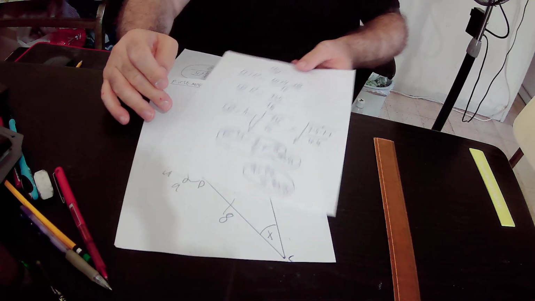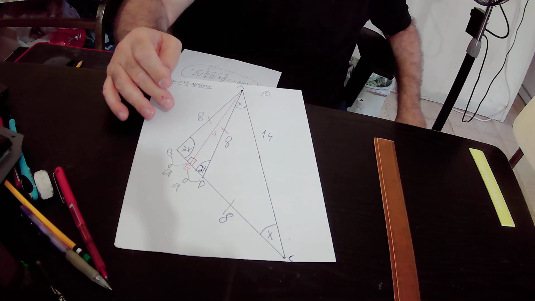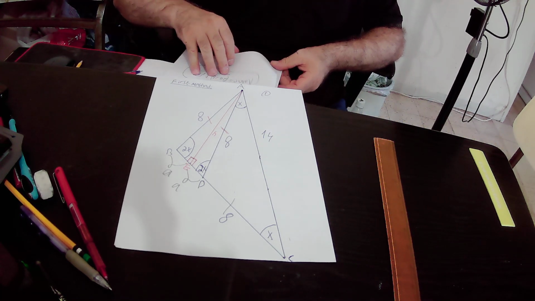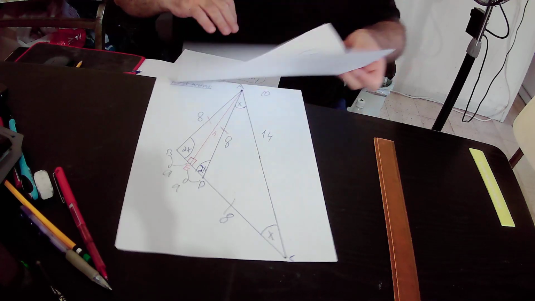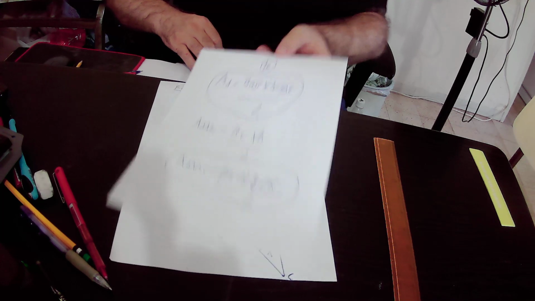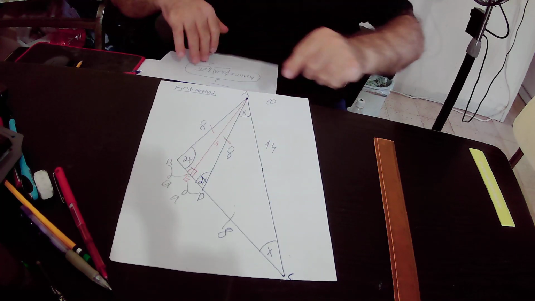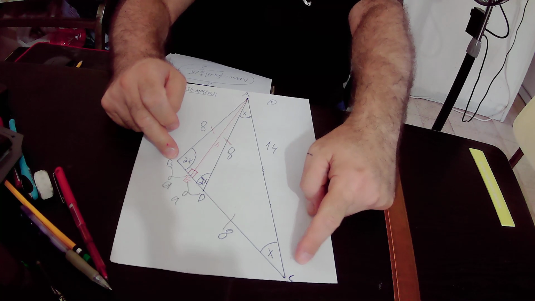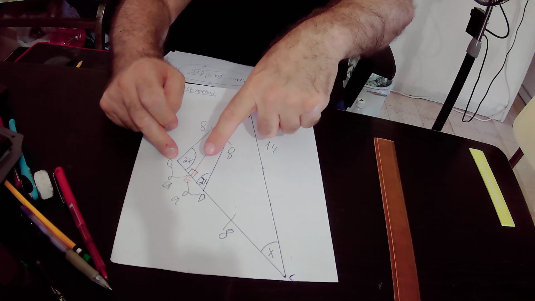So now we can find the area of triangle ABC, because we know that the area of any triangle equals the base of the triangle times the height to the base over 2. The base of triangle ABC is BC, and the height to the base is AE, that is h.